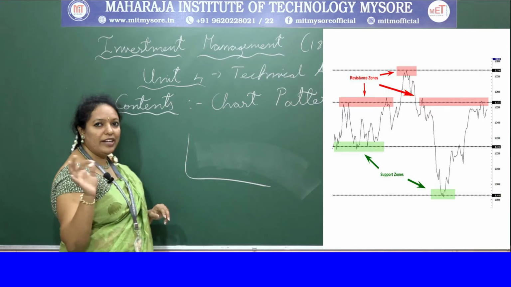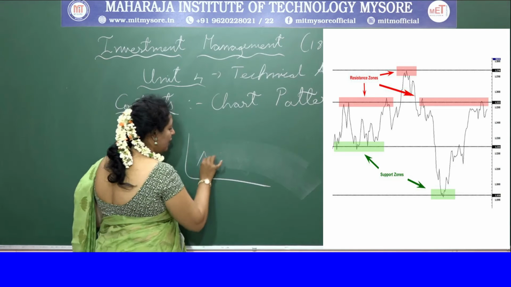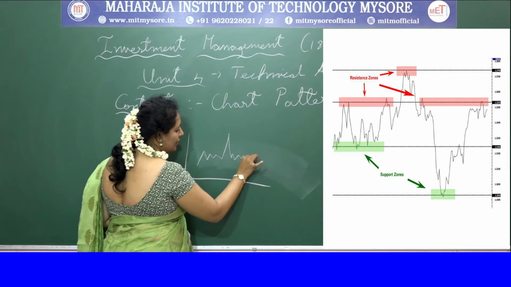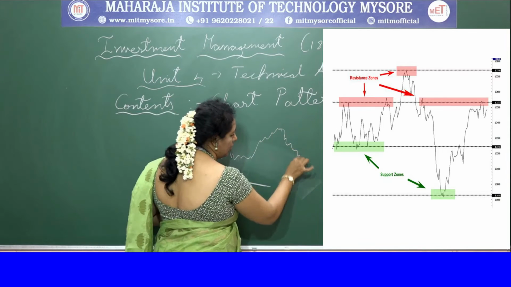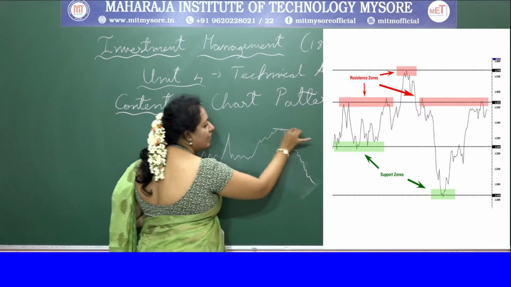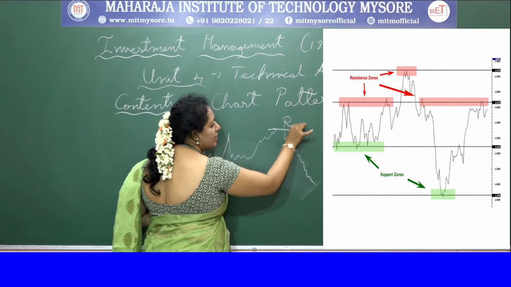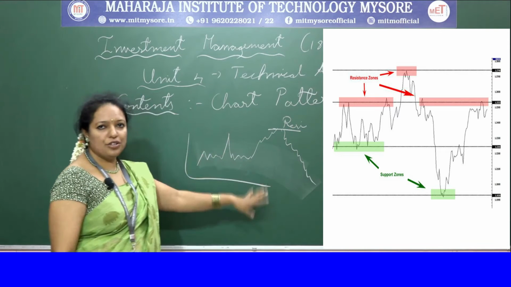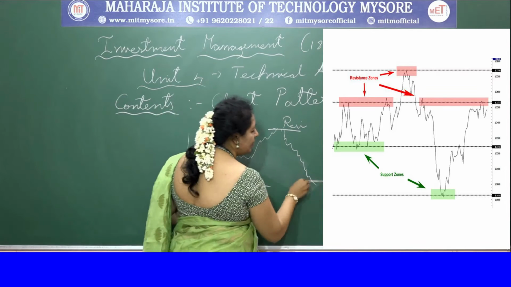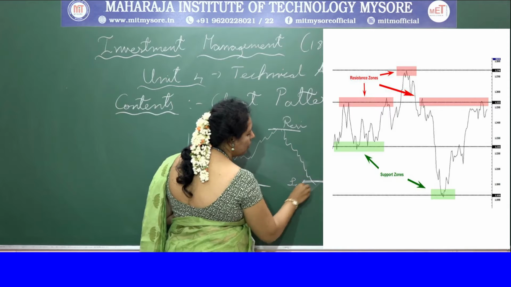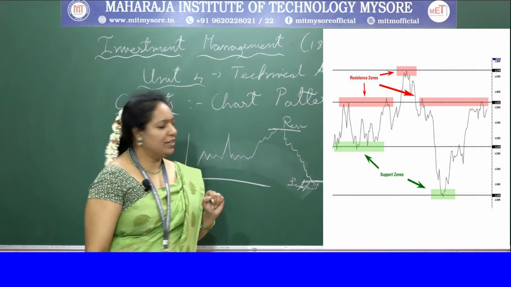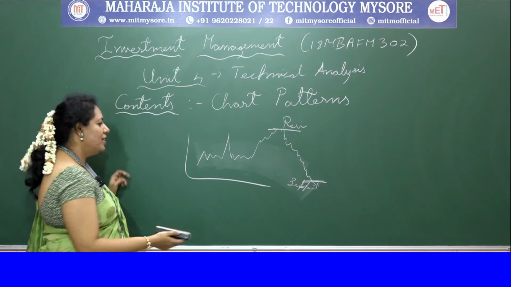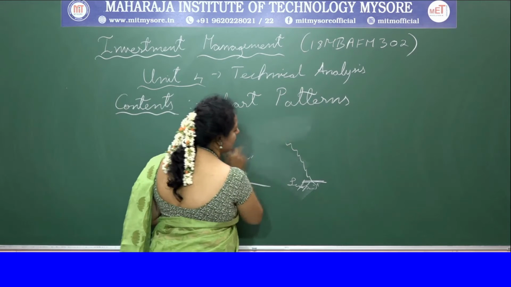To draw it in a simple way, if we draw any graph like this, at this level you need resistance so that the prices come down, and at this level you need support in order to lift the prices upwards. So this is about the support and resistance level.